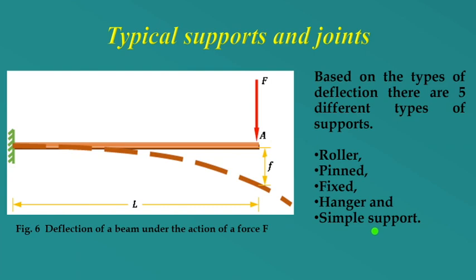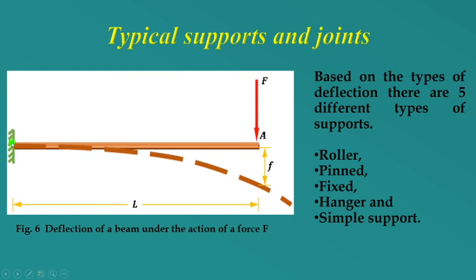Now what are the typical supports? So what is a support? Say it is a beam. Beam is our concerned body. Definitely, a beam must be supported by some supports. Let's consider here, it is showing this is the beam.